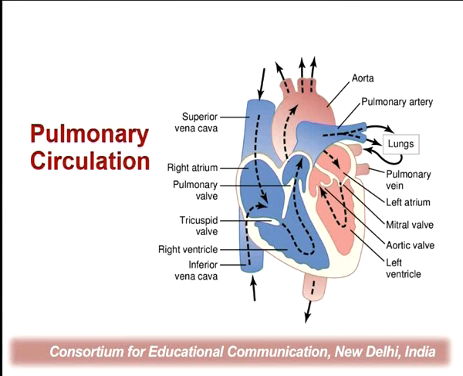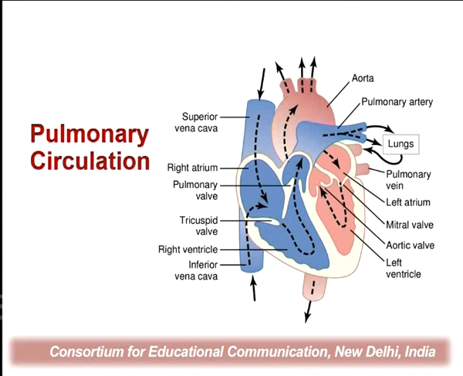Then from the right ventricle, it goes through the pulmonary arteries to the lungs. In the lungs, the deoxygenated blood becomes oxygenated in the alveoli, and then again the blood enters the heart at the left atrium through the pulmonary veins, and then goes to the left ventricle through the bicuspid valve, or we can say the mitral valve, an atrioventricular valve.